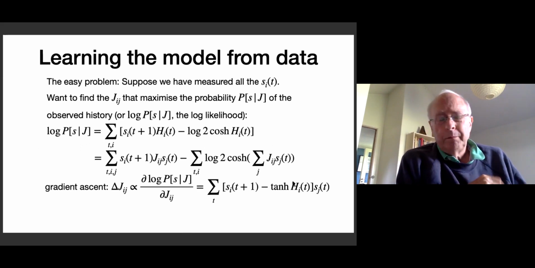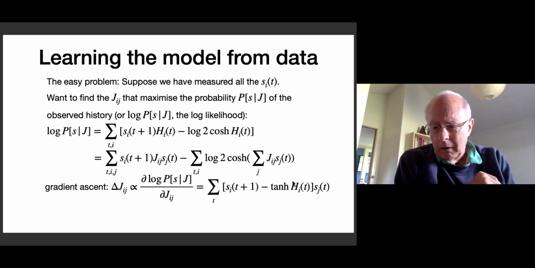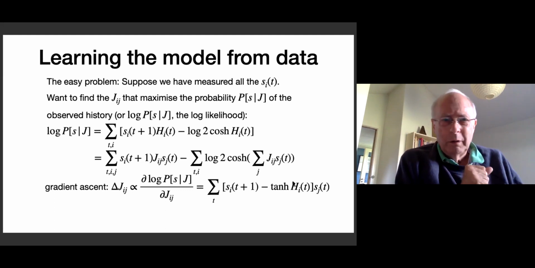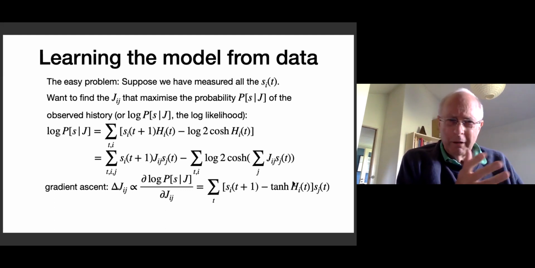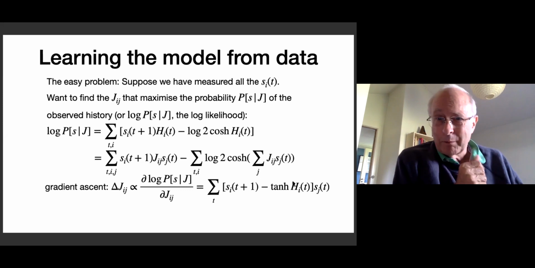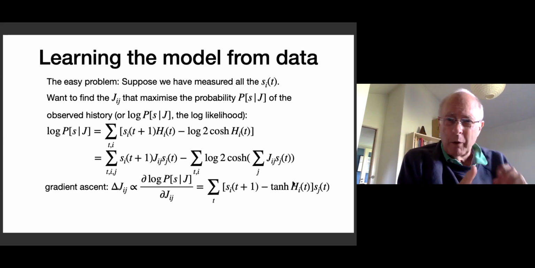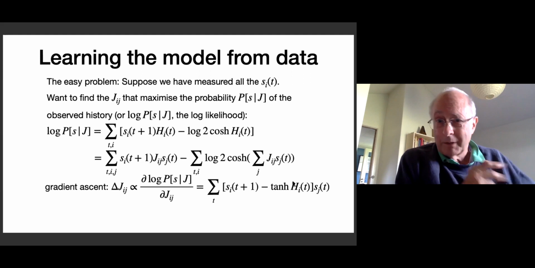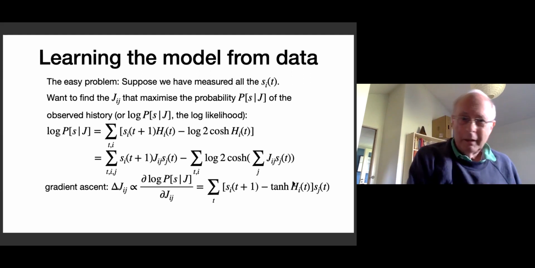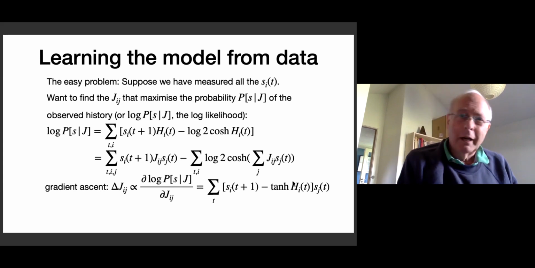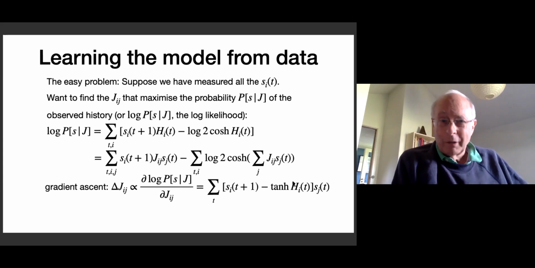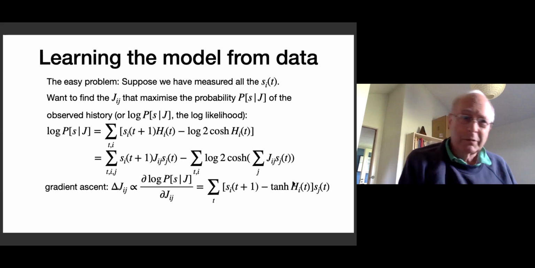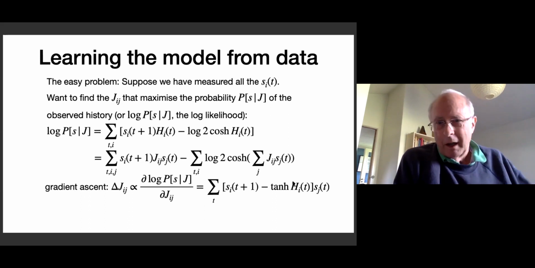Okay, so suppose we want to do what you call the inverse problem, or the network inference problem. So it's not like we want to know properties of the time series that comes out of this. That would be the normal thing you'd do in statistical mechanics. But suppose we've measured all those S's, measured the whole time series, or at least examples of it.